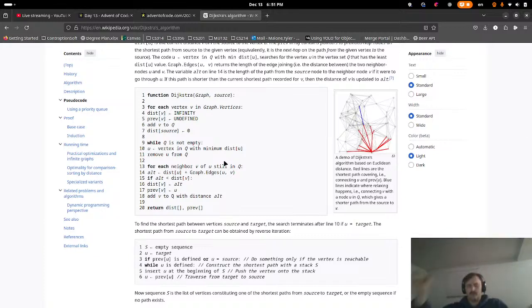Can I use Dijkstra's for this? Distance to V. So should I do number of tokens?